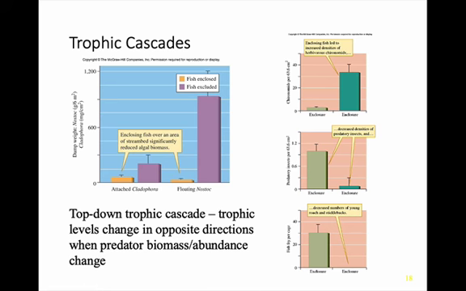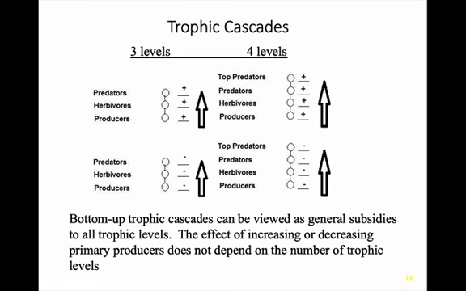Okay, now, trophic cascades bear a little extra examination. It's important to understand that bottom-up trophic cascades are kind of general subsidies. If you increase the producer level, you're going to generally increase the biomass at all levels.